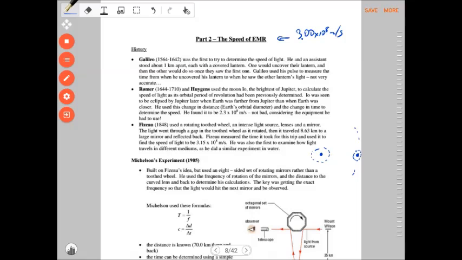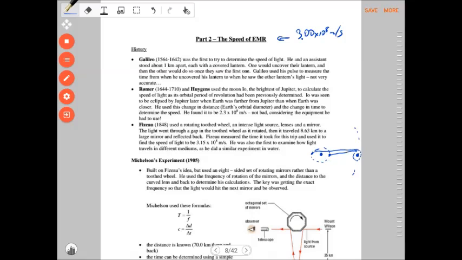So when Earth is closer to Jupiter, you look at Io, and then 6 months later, when Earth is on the other side, they look at Io again. Of course, Jupiter has a really huge orbit, so it doesn't move very much in 6 months.